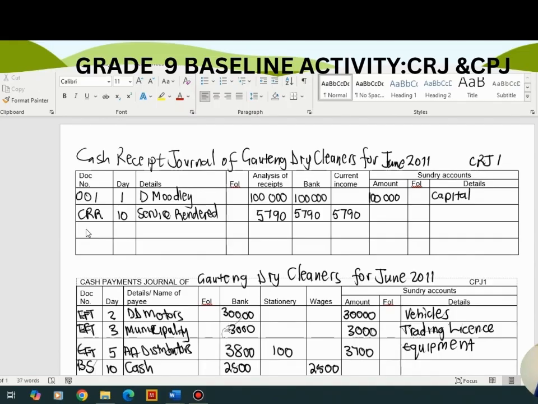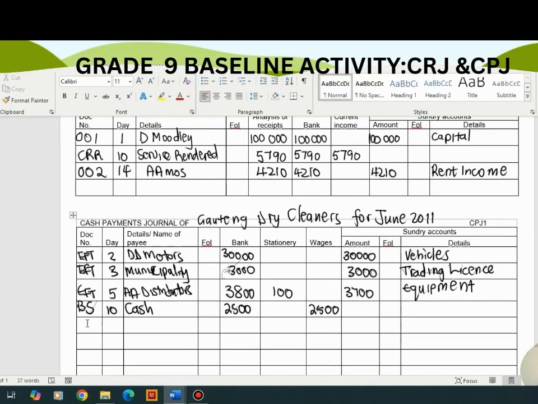Because the receipt was issued to A Almost, the source document is the receipt number. Then the day is 14. The detail is A Almost. The amount of 4,210 goes under analysis. At the end of the day, we have to bank 4,210. So where do we record the amount? What is it for? It is rent income.